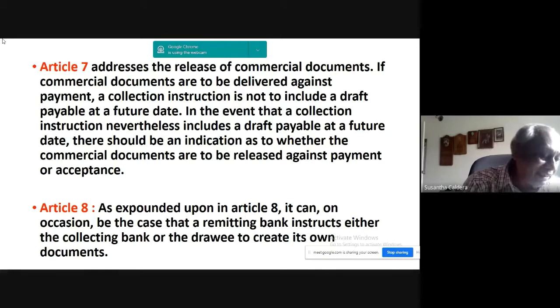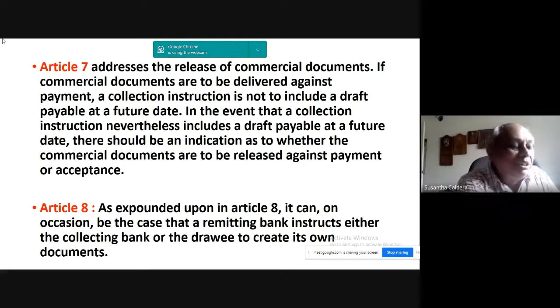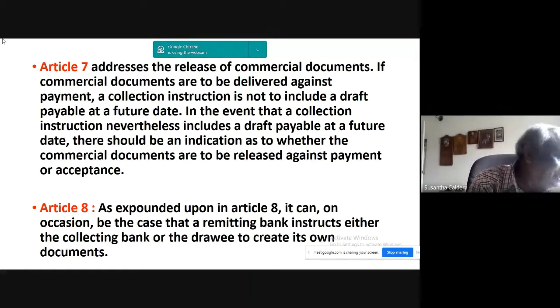But here there's a very important thing, right? If there are any documents to create, normally the remitting bank should give the sample. They should provide the text.